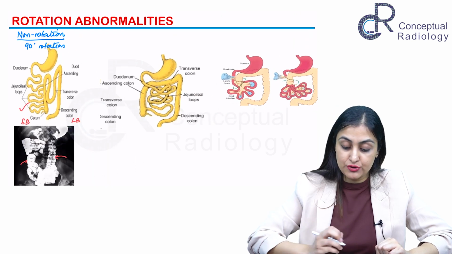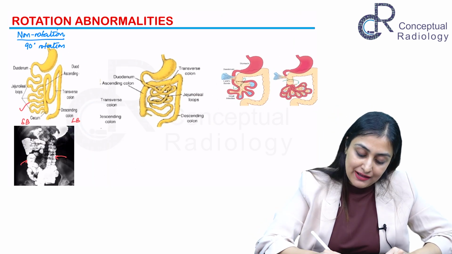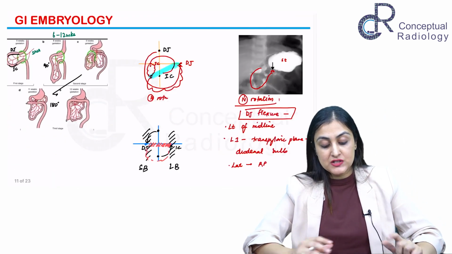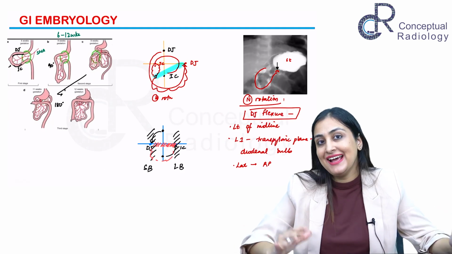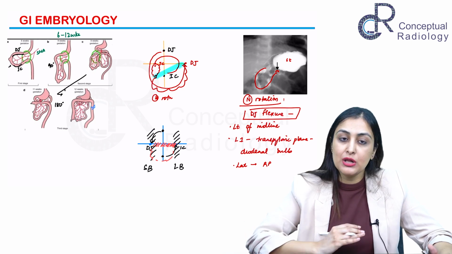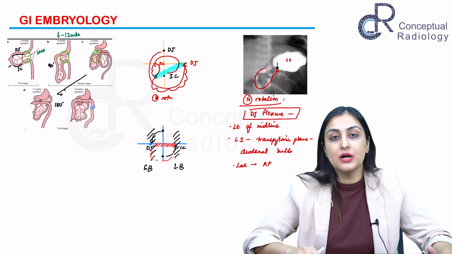So this is non-rotation. Then we can also have reverse rotation. What happens in reverse rotation? So normally when the bowel is coming back, remember L and L, the large bowel is last to come in. The small bowel comes in first and large bowel comes in later.